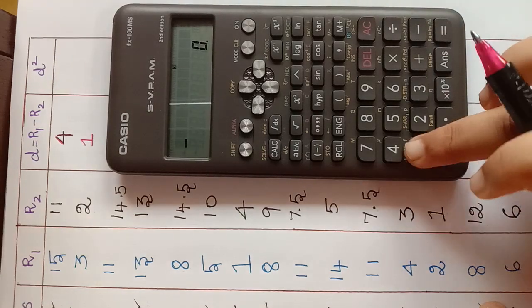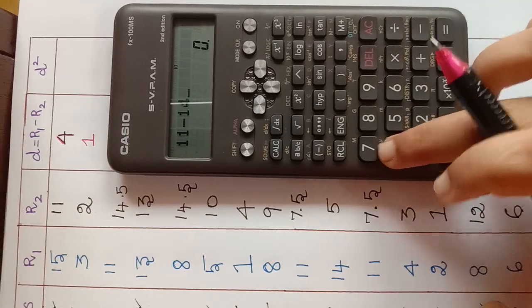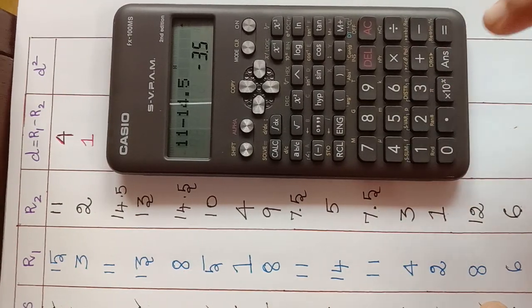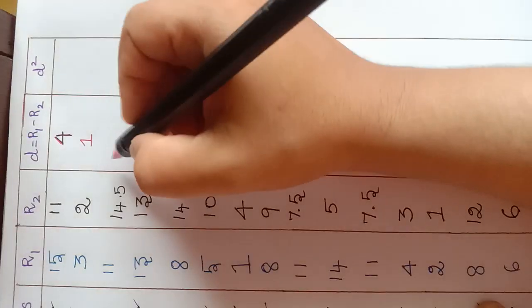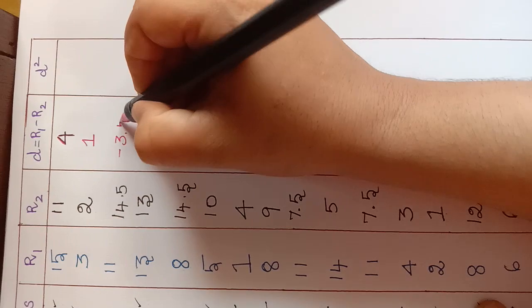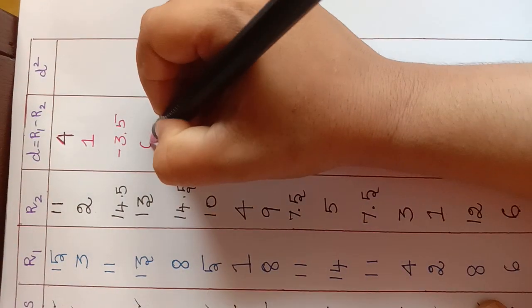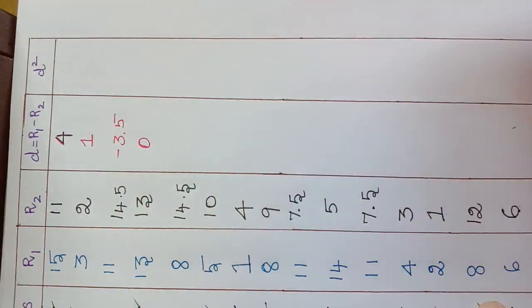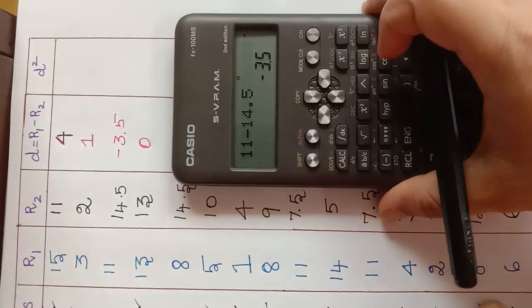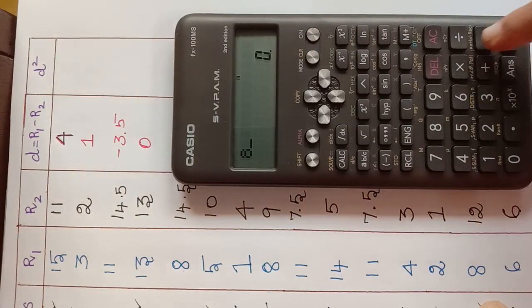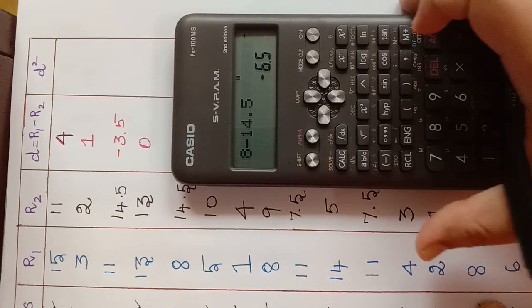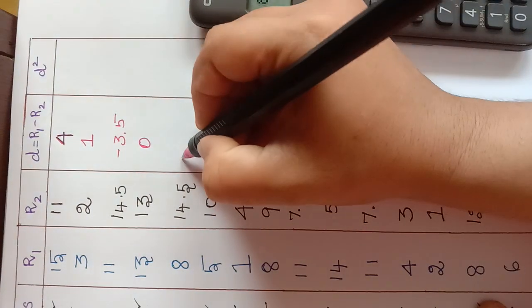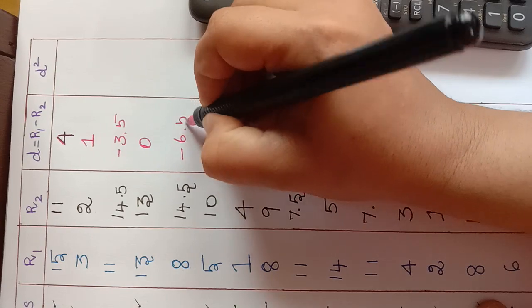That is 11 minus 14.5, which is equal to negative 3.5. So that we have to write here. So minus 3.5. 13 minus 13 is 0. 8 minus 14.5. So let us do that. 8 minus 14.5, which is equal to minus 6.5. So this will be minus 6.5.